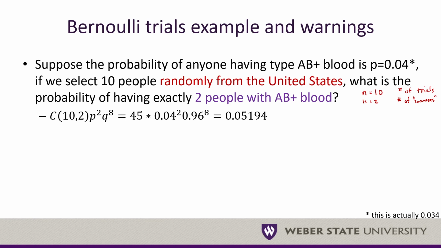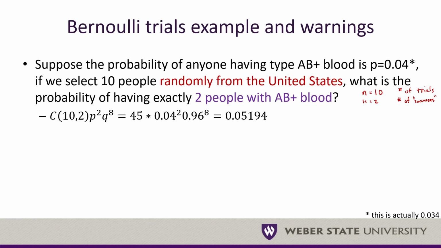But it gives us about a 5% chance. So if I go out randomly in the street and grab 10 people, I don't have a very high likelihood of getting 2 with AB positive blood. In fact, I have a very low probability of that. I would expect that I would have to do this experiment 20 times before I have one case where I have 2 people with AB positive blood.